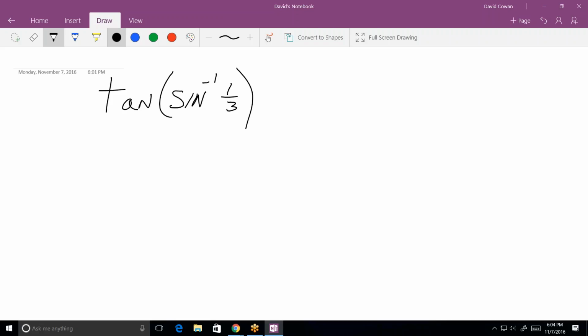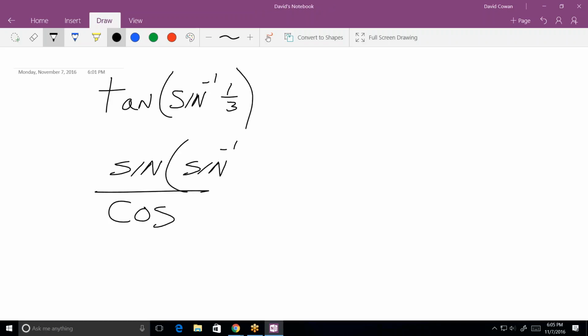So this one, we're going to have to probably use the sine-cosine relationship. Gosh, I'm not sure I've ever done this. Let me think for a moment. Is that the same thing as the question?